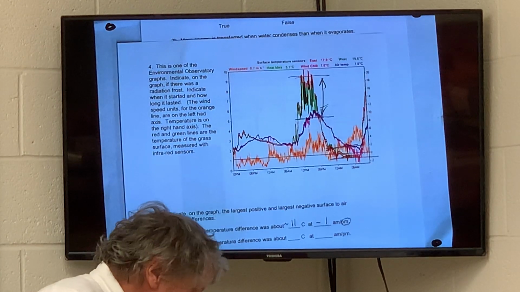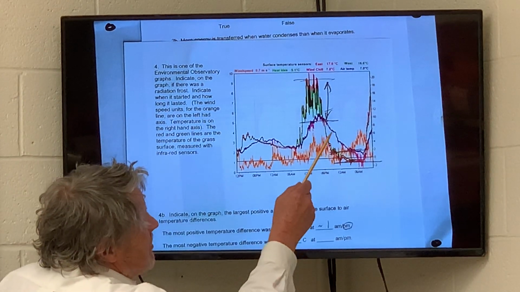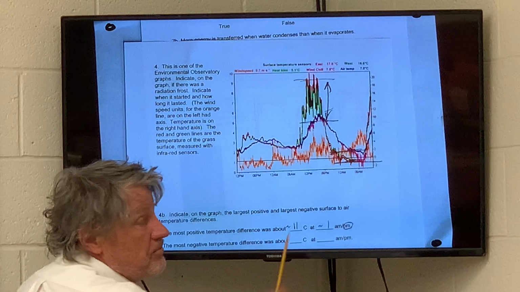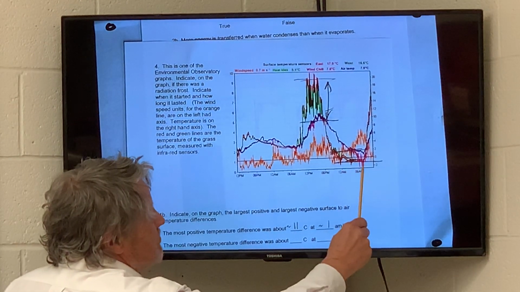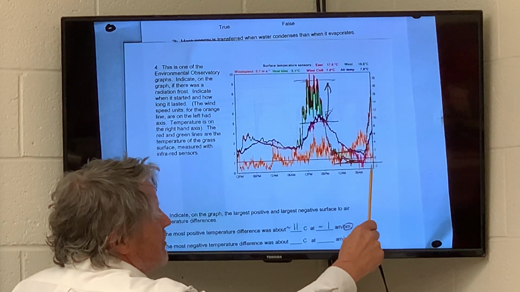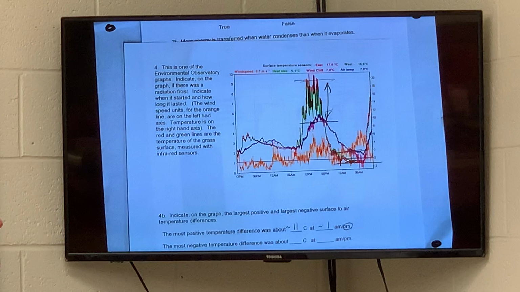Now, note that this is also a classic radiation frost because the air temperature never got below freezing the whole night, but oh my goodness, the plant got well below freezing and it was there for 6 hours. So it's a clear night with a classic radiation frost.